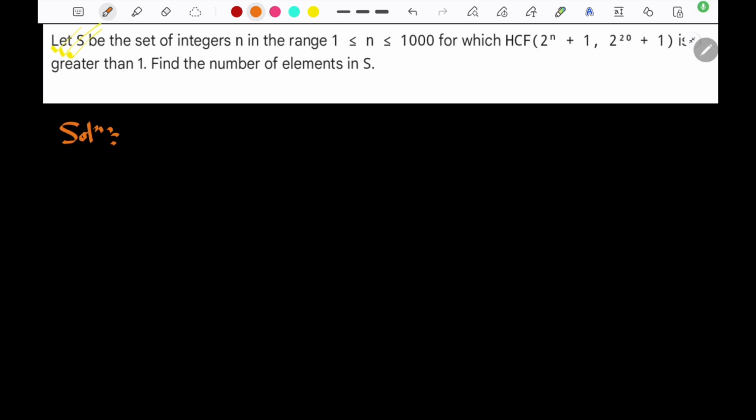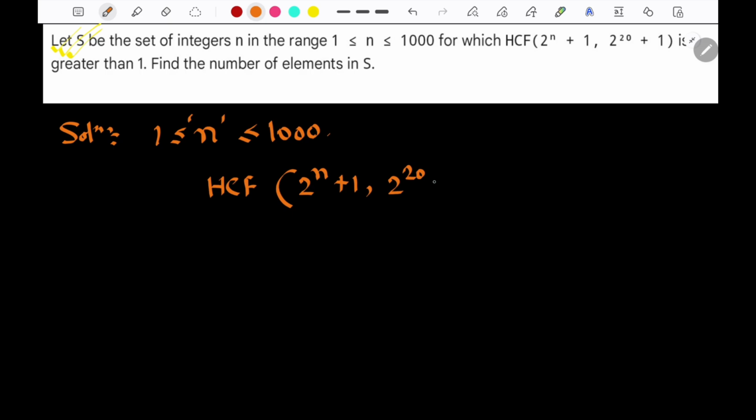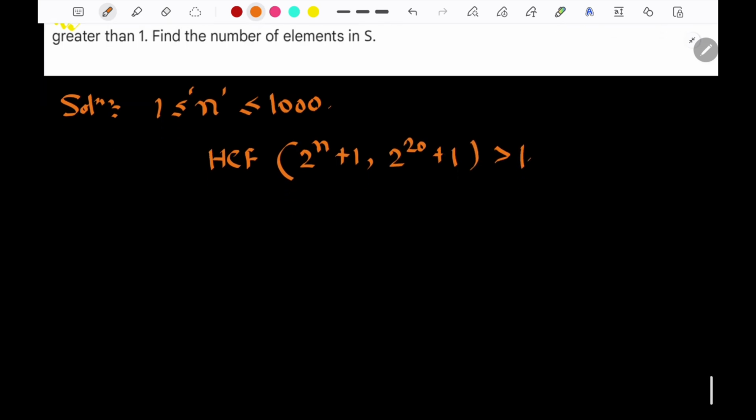Okay. So how do we arrive at the solution? What is the strategy? See, it's being talked about numbers n, from 1 to 1000, that we are required to find. But what? That HCF of 2 to the power n plus 1 comma 2 to the power 20 plus 1 is greater than 1. That is what we are required to find out.